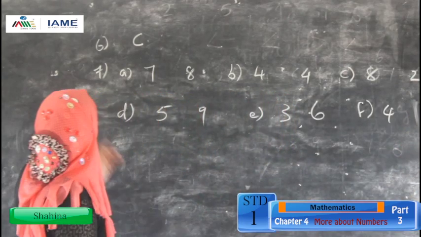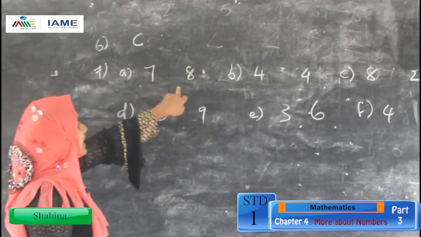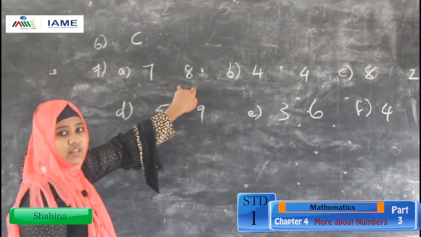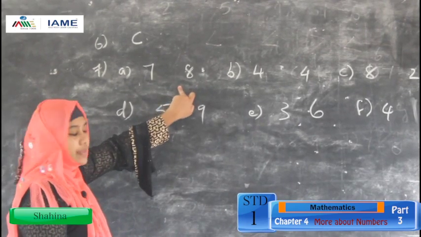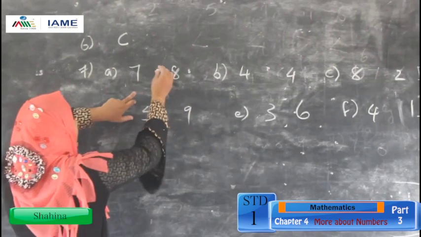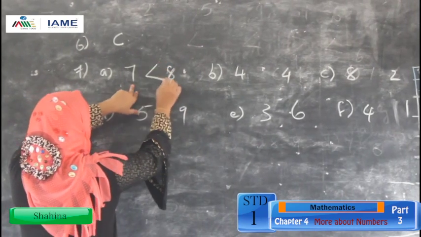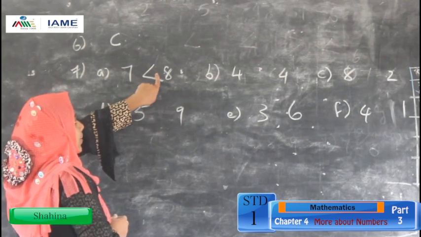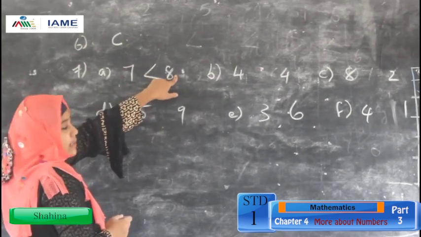Okay. In the first one, 7, 8. Which is the greater one? Yes, 8 is the greater. Then we have to give the symbol like this. Okay, the open mouth goes to the greater number.